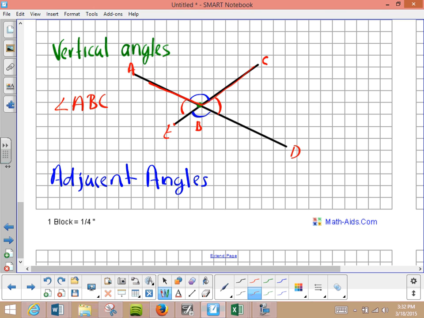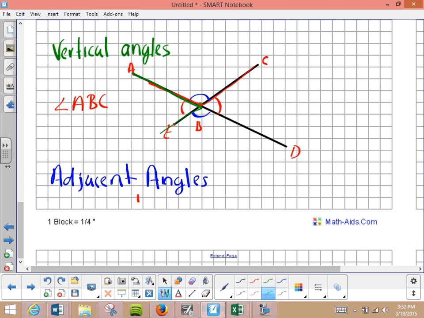EBD? Well, EBD will be right here, but does it share any of these lines? It has to share the same point, the same green point, but it actually has to share one of those two rays. Yes, ABE. ABC is already my angle.